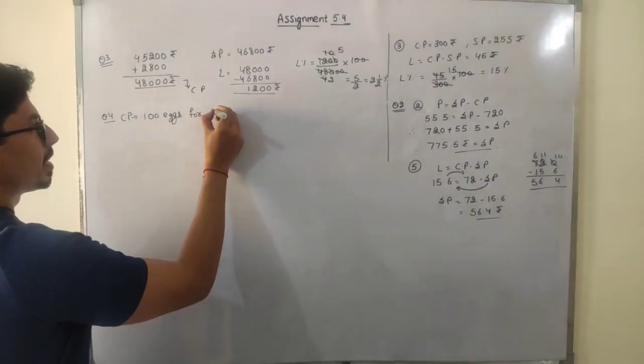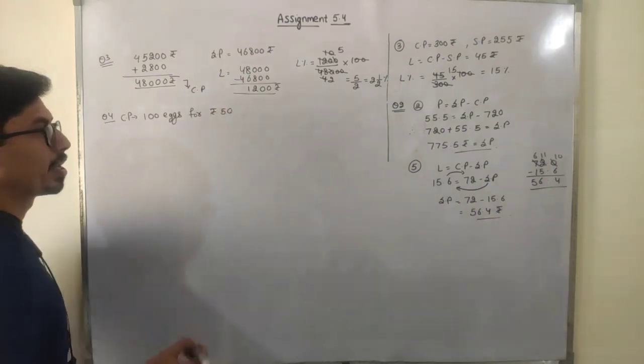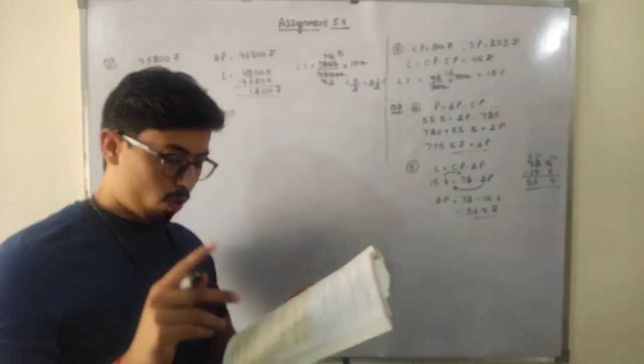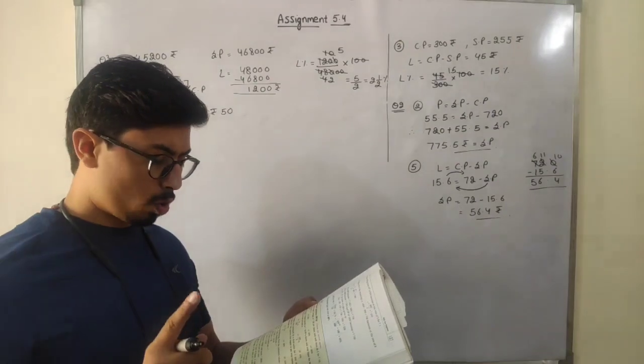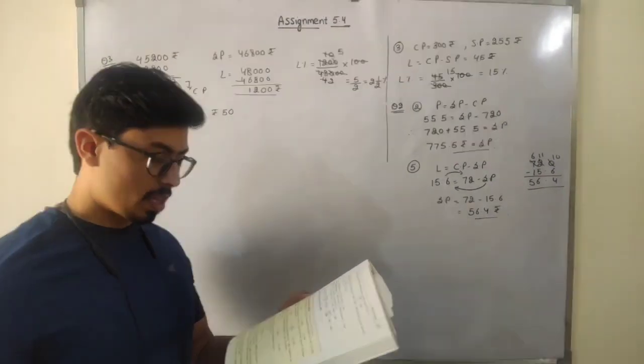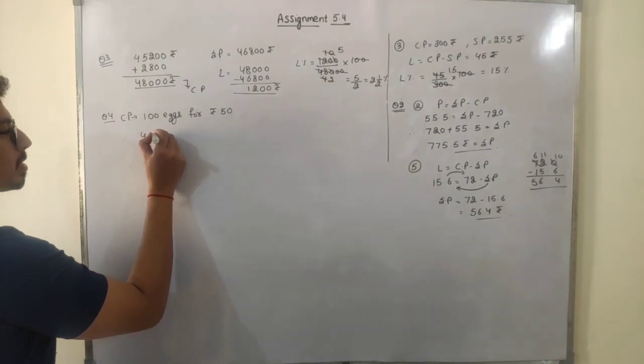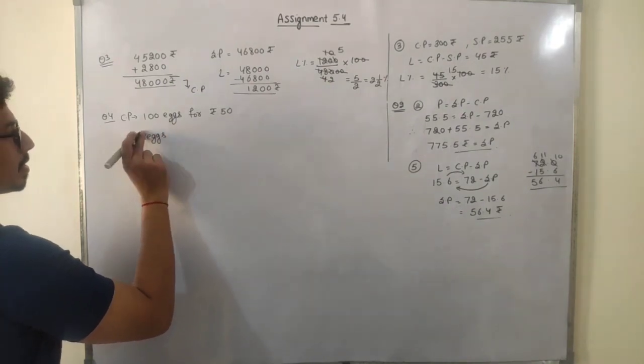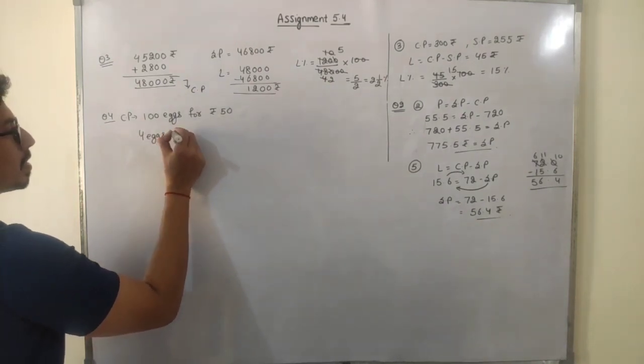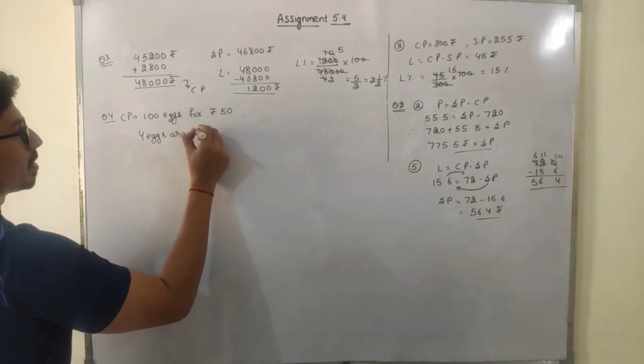Rupees 50. It is given to us. Okay. Out of these, 4 eggs were found to be broken. 4 eggs are broken.